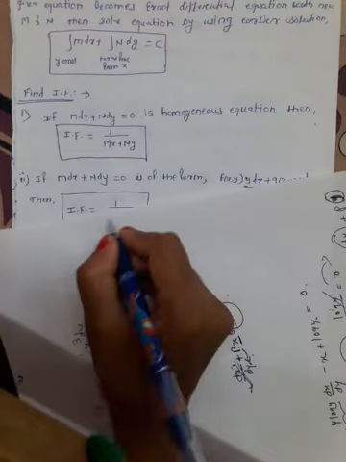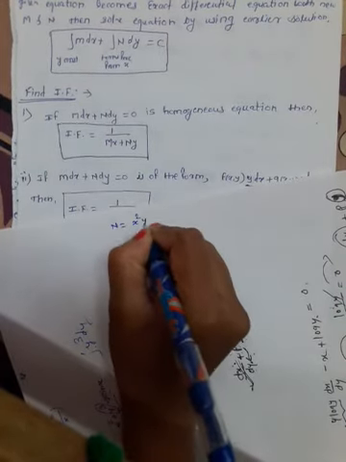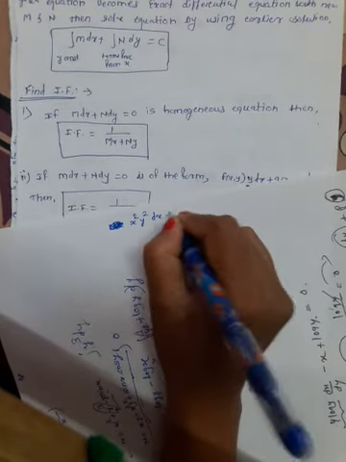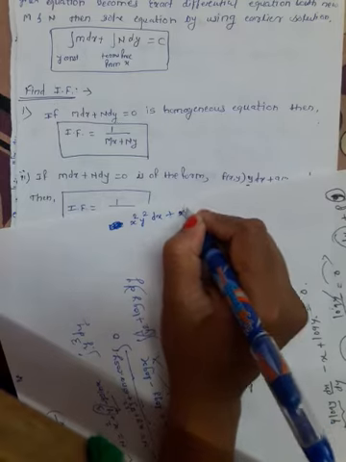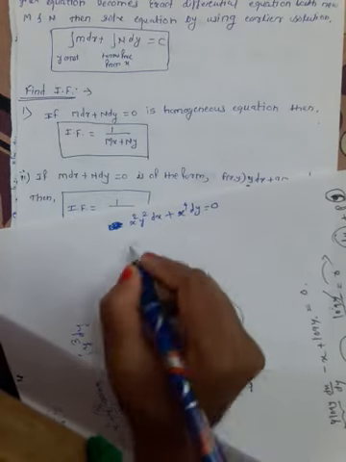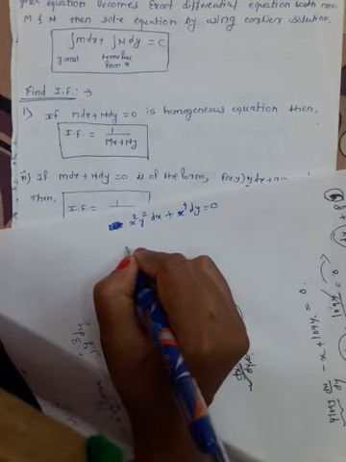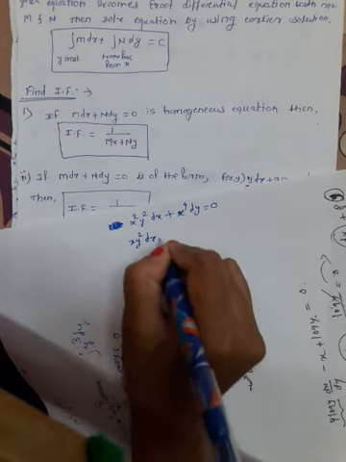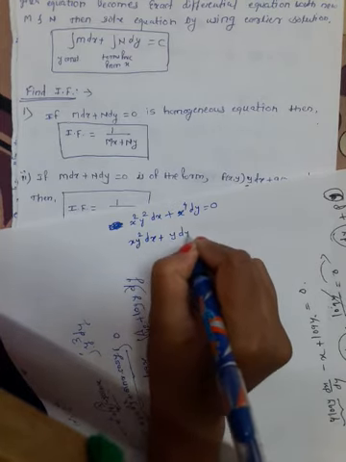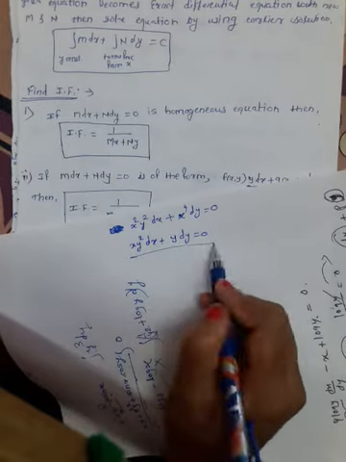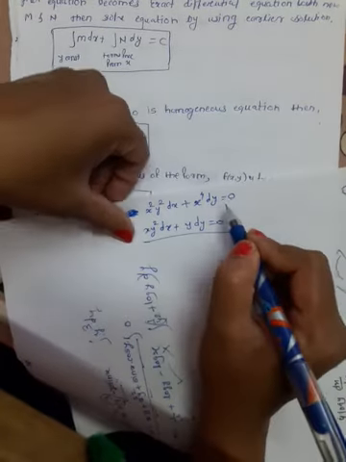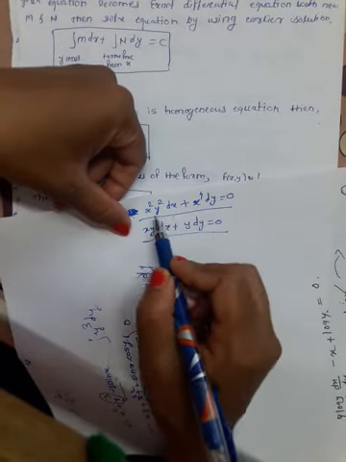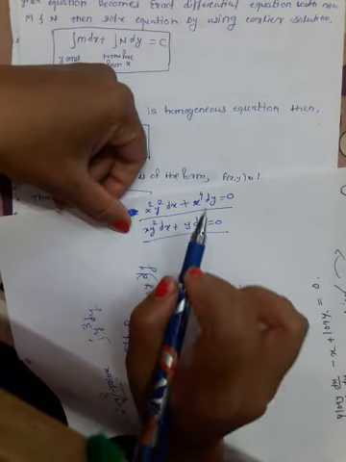For example, these are two examples. We have to decide which of these examples is homogeneous. There are only two terms. Every term should be of the same degree.